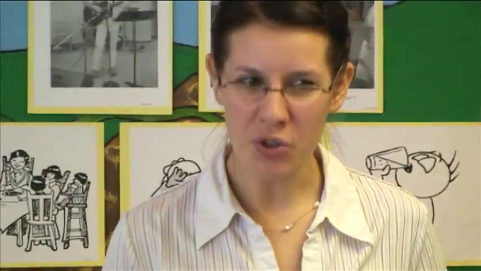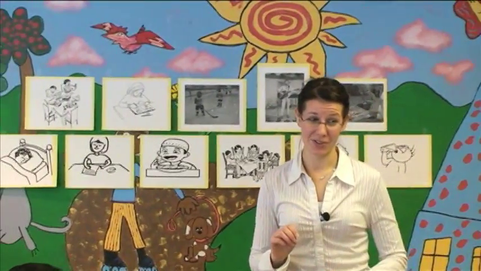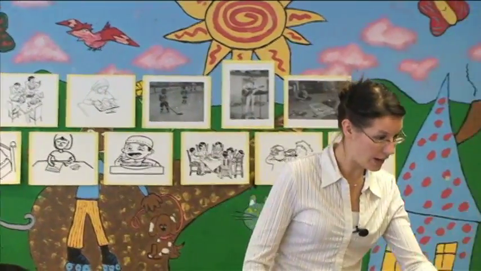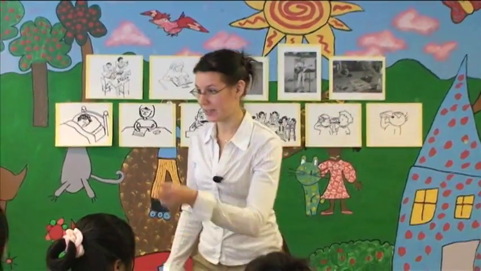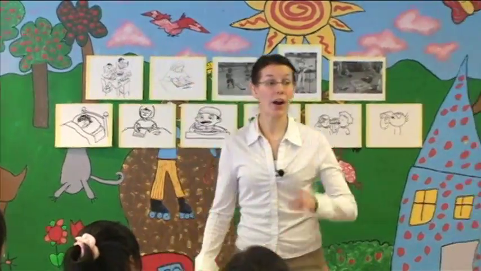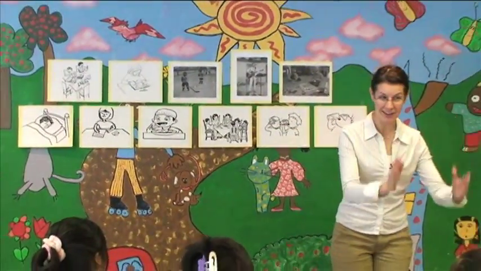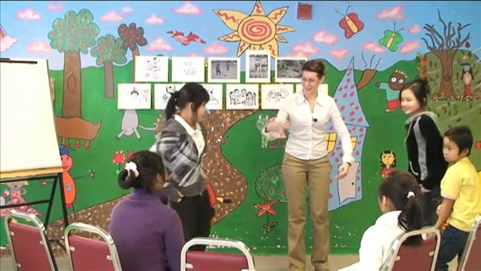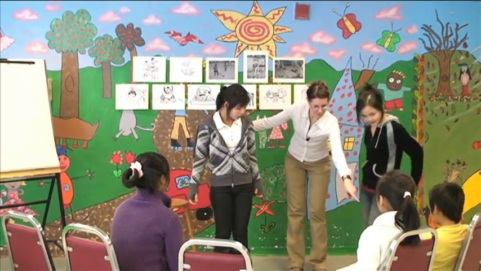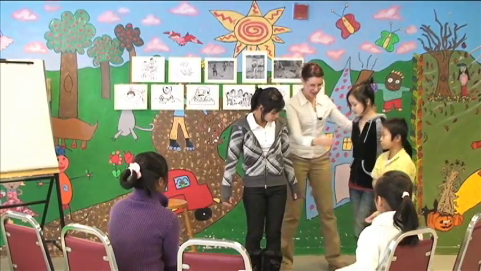Now we're going to play a game with two teams. So let's have you come up. We'll say you are team 1, you are team 2. If you are a 1, come stand in a line here. Okay, team 1. All right, so you are together here, in a line.